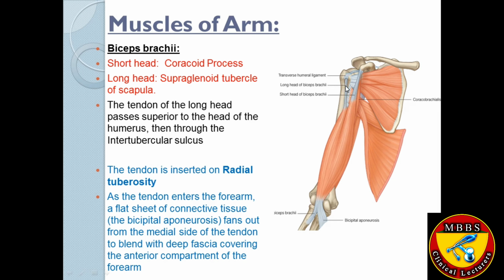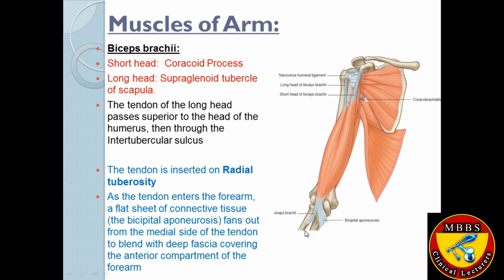So you have to remember this point, that the tendon of the long head passes through the intertubercular sulcus and is attached to the supraglenoid tubercle of the scapula. The fleshy part converges into a tendon, and the tendon is inserted into the radial tuberosity.